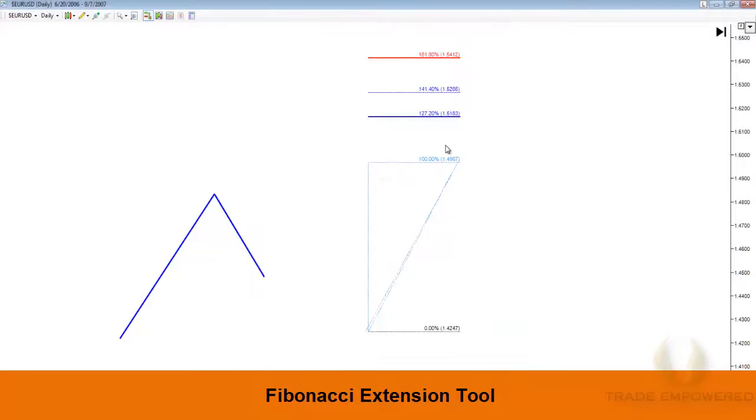So again, the three levels of Fibonacci extensions we want to concern ourselves with are the 127.2, the 141.4, which is our minor, and the 161.8.